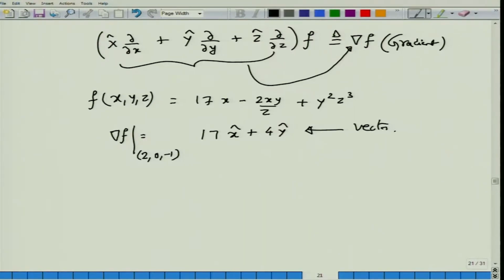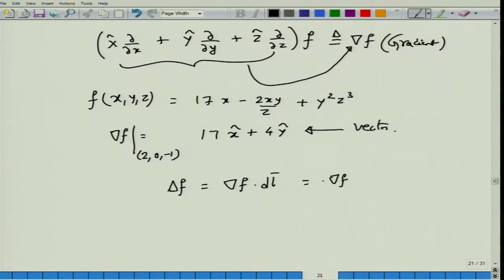So you might ask, what exactly are we doing here? Why did I introduce a gradient operator? Observe something very interesting. The change in the function, given by the symbol delta f, as you move along a particular line, is given by del f dot dl. This is a dot product.